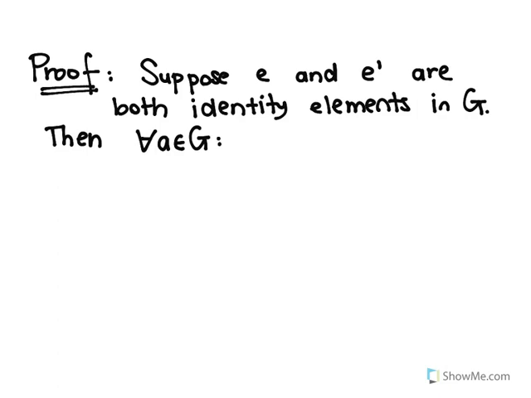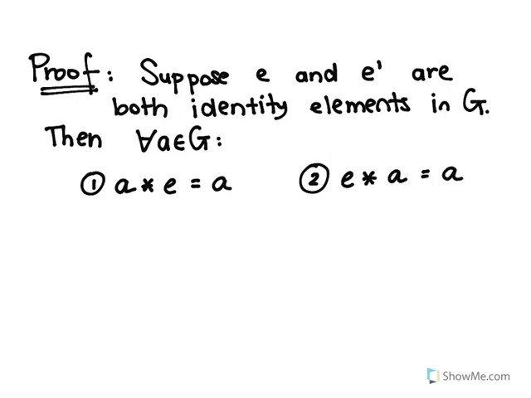For any A in G, the fact that E is an identity element means that if I do A star E, I'll get A back again. And also, if I do E star A, I'll get A back again. I'm going to label those two equations 1 and 2 so I can refer back to them.